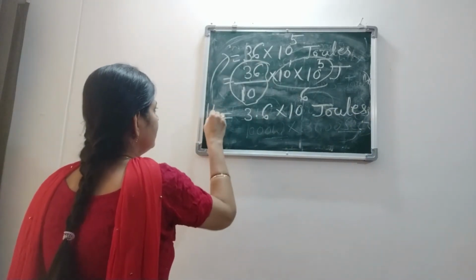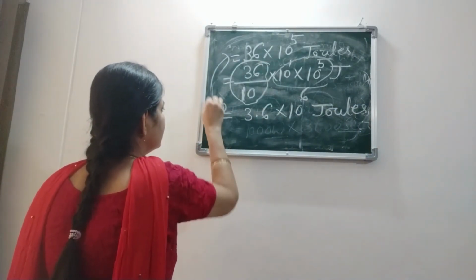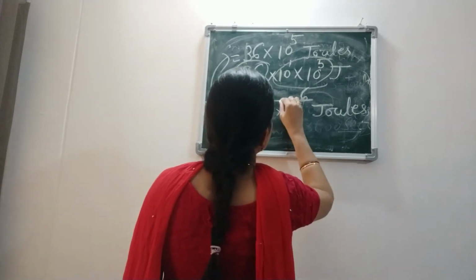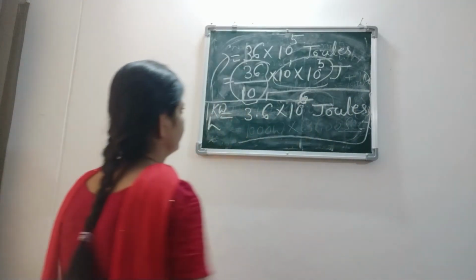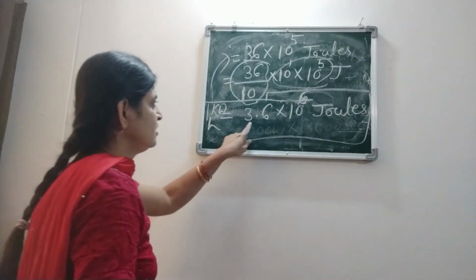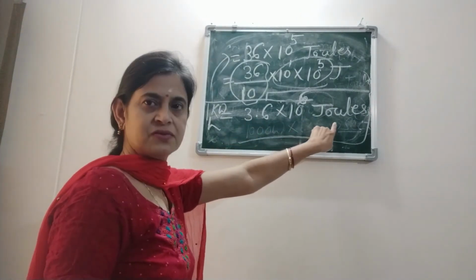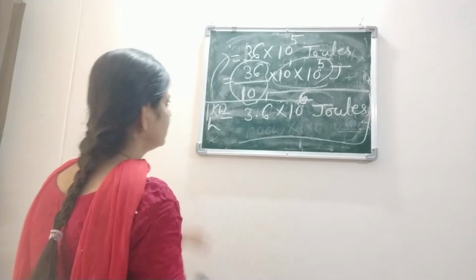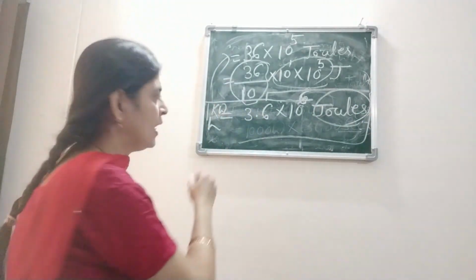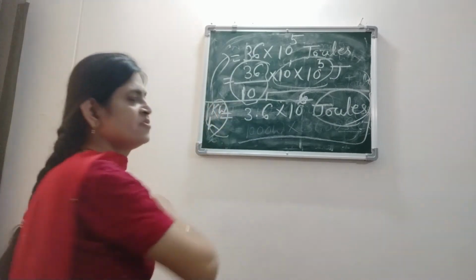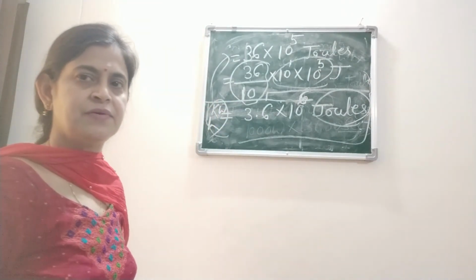So 1 kilowatt hour is equal to 3.6 into 10 to the power 6 joules. Clear? So this is the relationship between your MKS unit of energy and commercial unit of energy.